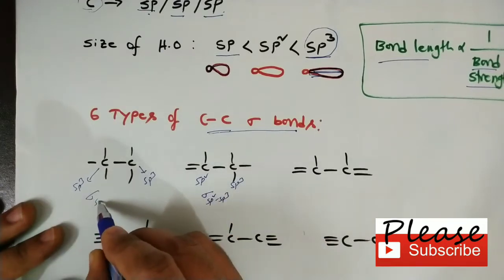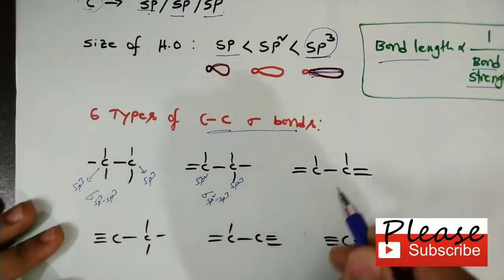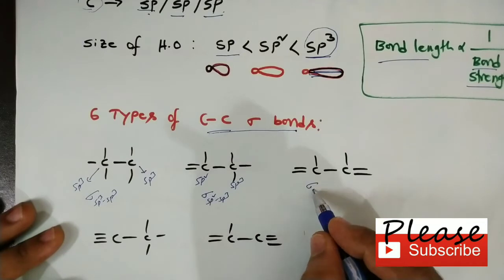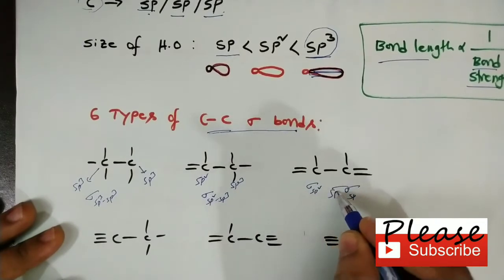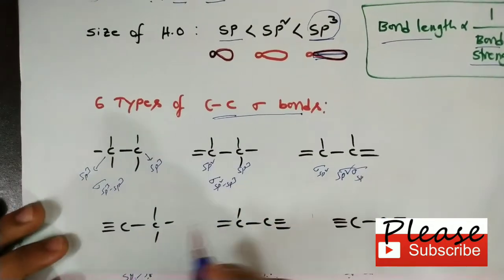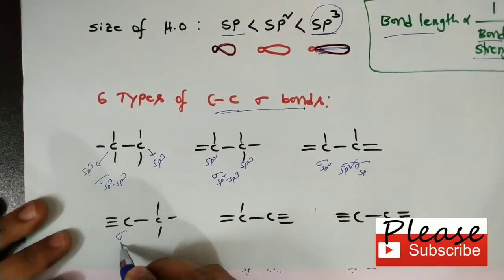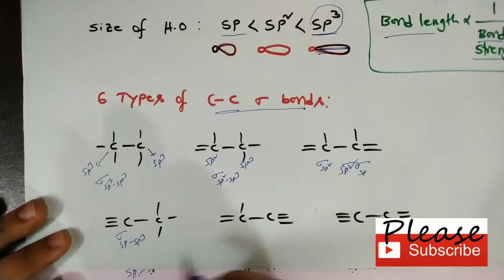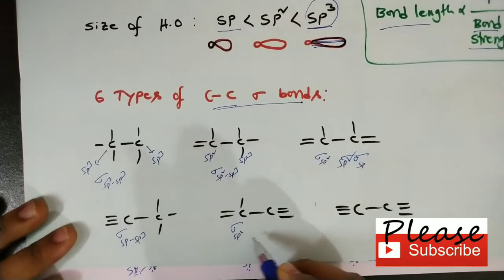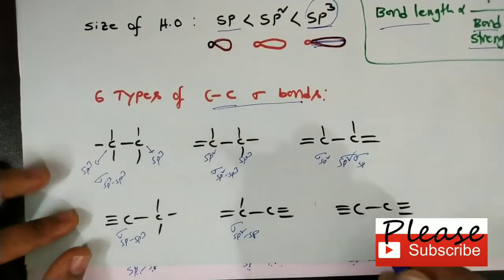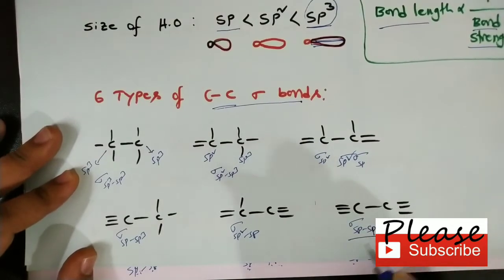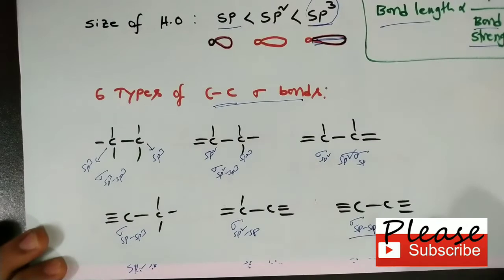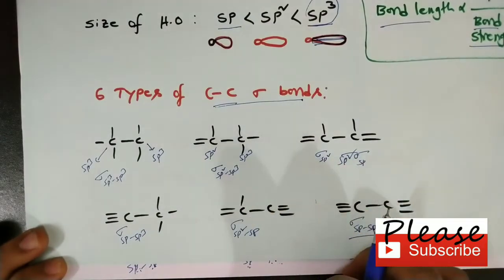Now this is the sigma sp3-sp3 bond. Now it is a sigma sp2-sp2 bond. Here the sigma sp-sp3 bond, here the sigma sp2-sp bond, here the sigma sp-sp bond. So totally six types of bonds.